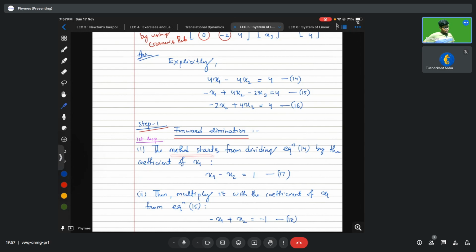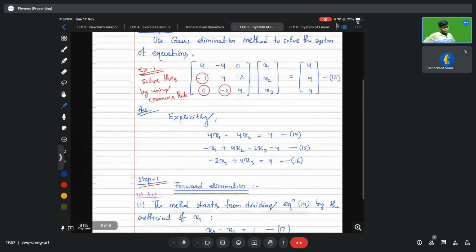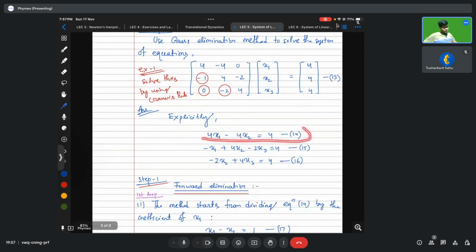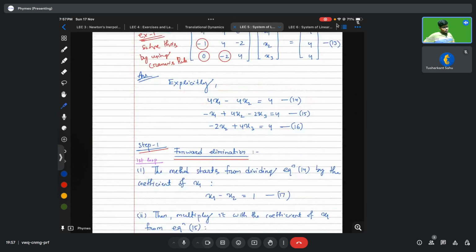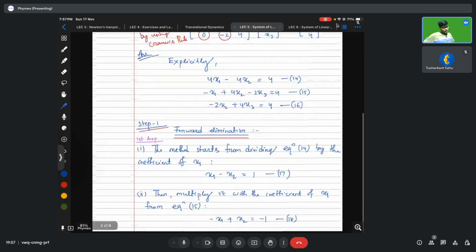This method starts from dividing equation 14 by the coefficient of x1. What is the coefficient of x1 here? It is 4. So divide this equation by 4 and you will get this equation.